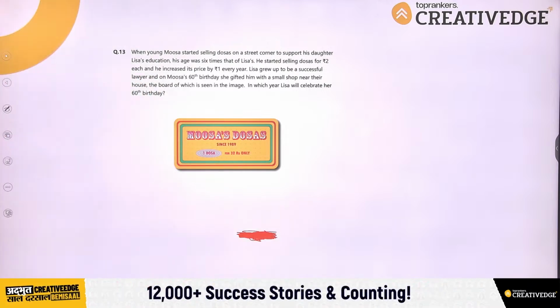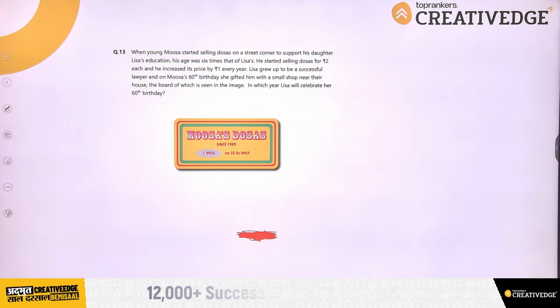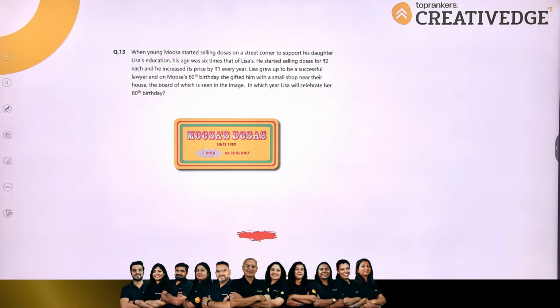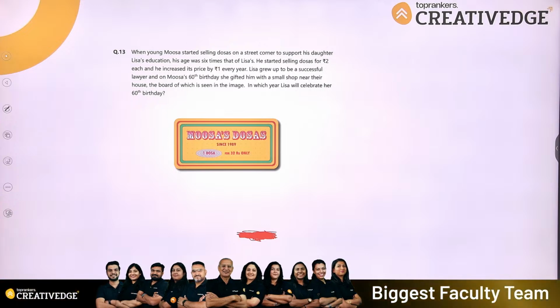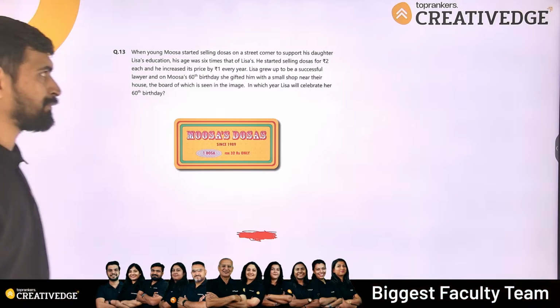When young Musa started selling dosas on a street corner to support his daughter Lisa's education, his age was 6 times that of Lisa.